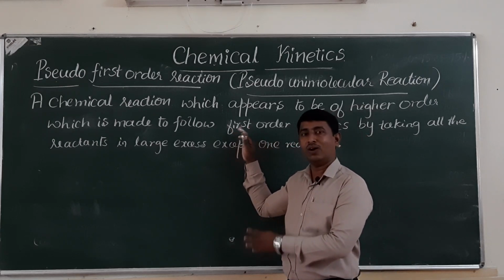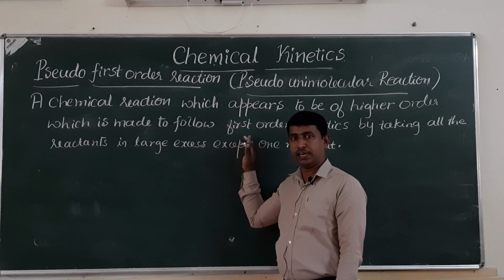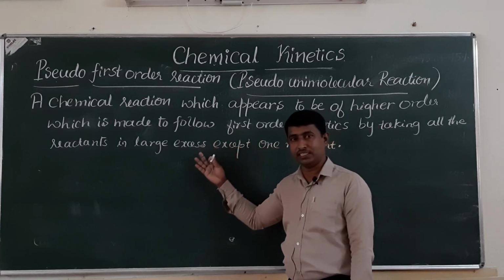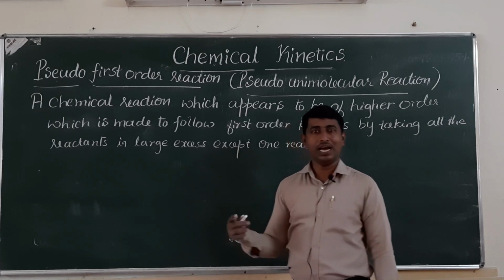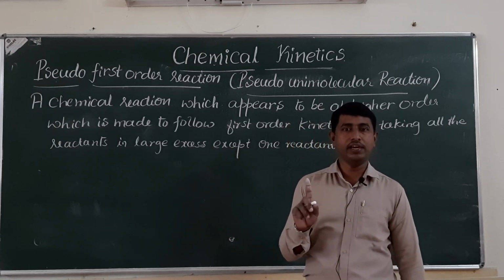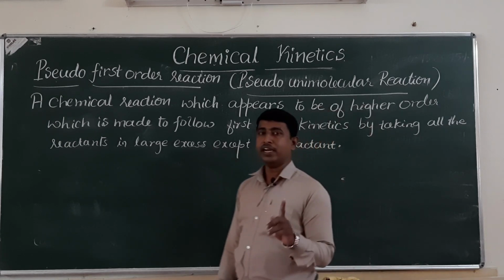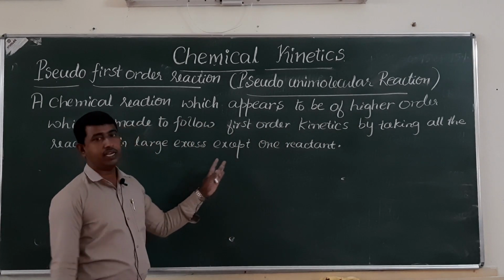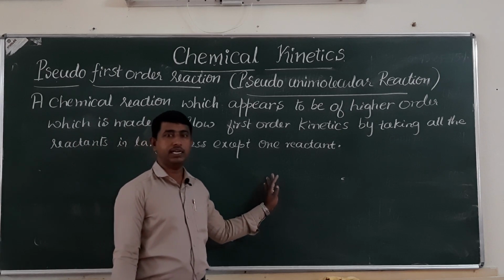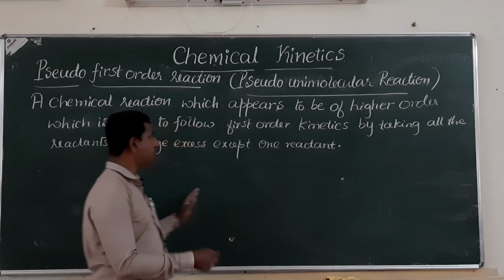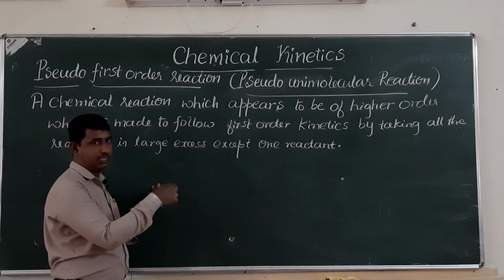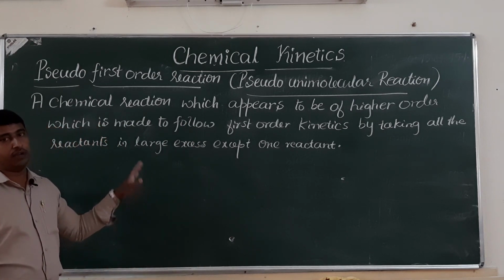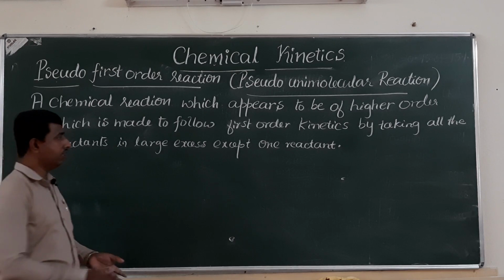All the reactants present in the reaction must be taken in large excess except one reactant. That means one reactant must be taken in lesser quantity, whereas all the remaining reactants must be taken in larger quantity. If I take the concentration like that, then the order of the reaction will be reduced from higher order to first order. Let us take one example.